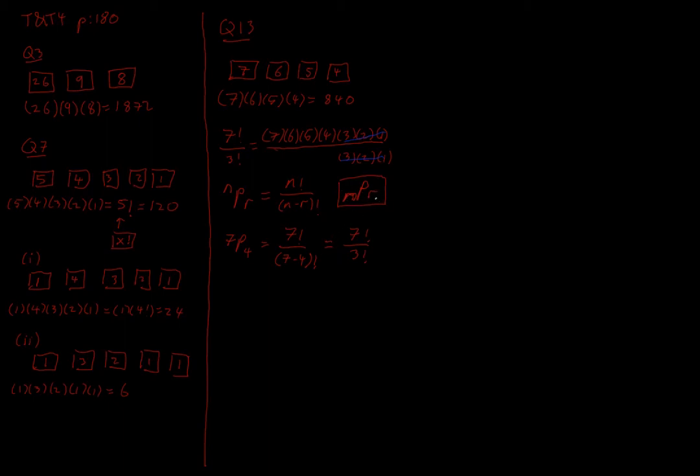And that is going to give you the same answer. It should give you 840 for the number of ways we can arrange 7 objects taking groups of 4. So arranging 7 objects taking groups of 4 of them. If we put that into our calculator, you're going to get that it is 840, just like we did above.